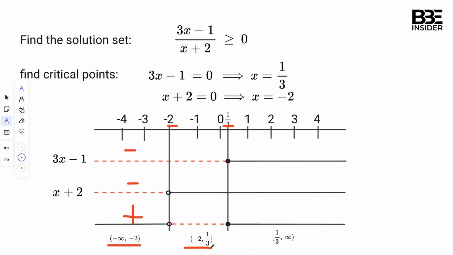For the next interval, the numerator is negative and the denominator is positive, making the overall fraction negative. In the last interval, both factors are positive, leading to a positive fraction in the end.